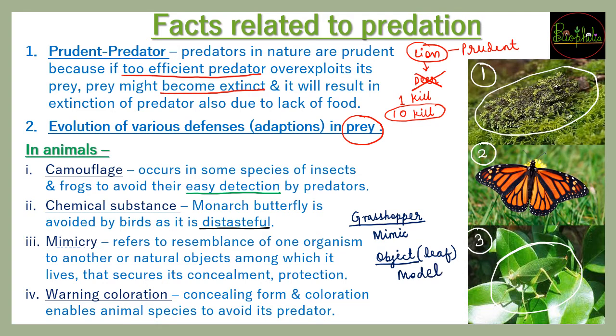So this is going to be a very important point. The subject that is mimicking, here the grasshopper, we will call the mimic, and the object that is getting copied, for example the leaf, is going to be the model. So those are the important points to remember about mimicry.